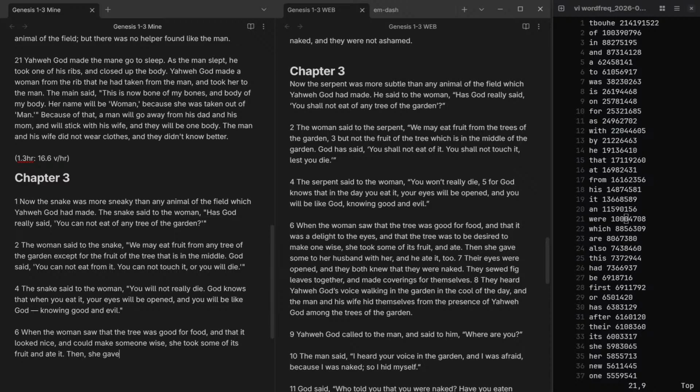Then she gave some to her husband with her, and he ate it too.